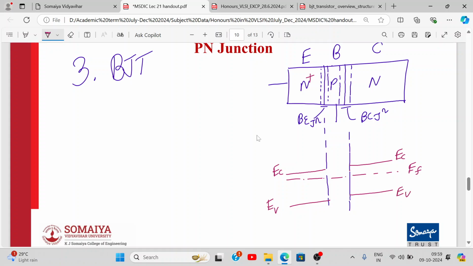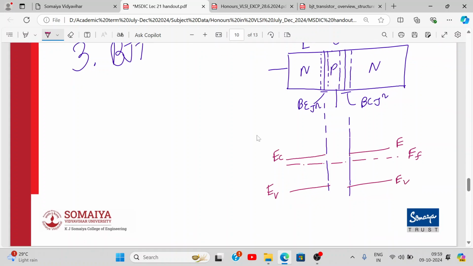EC, EV. Why have I drawn it away? Let me draw it symmetric first. I'll explain that later. Why have I drawn the same? Because both are N region. Now for the P region, where is my valence band? Near this, no? Actually, we should not draw up till here.